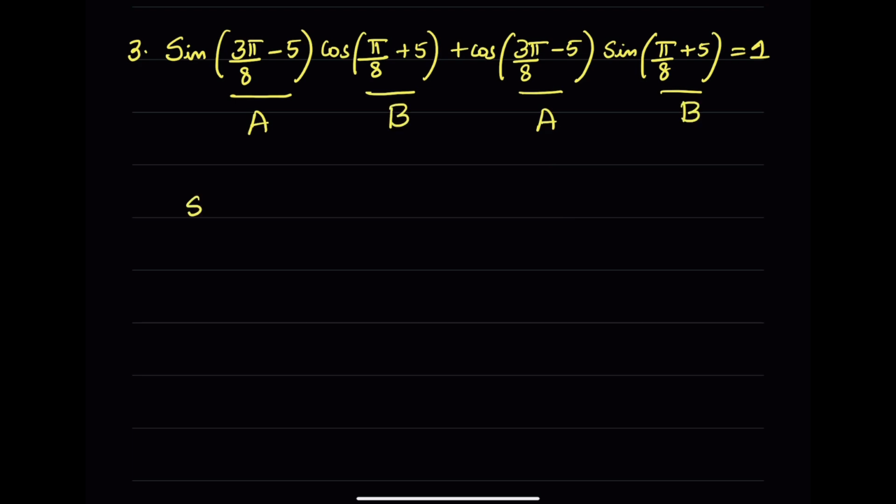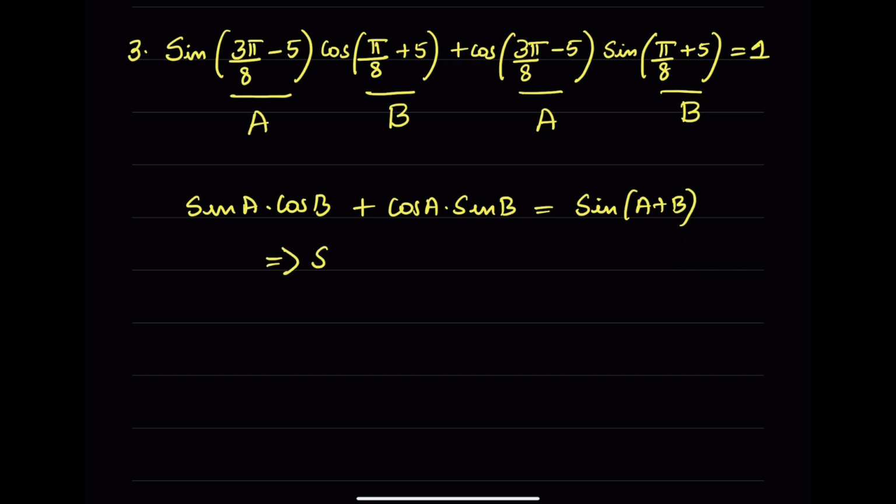Now if we apply sine A times cos B plus cos A times sine B, this is of the format sine of A plus B. So we would get sine of 3 pi by 8 minus 5 plus pi by 8 plus 5.